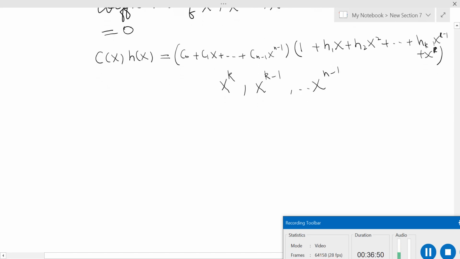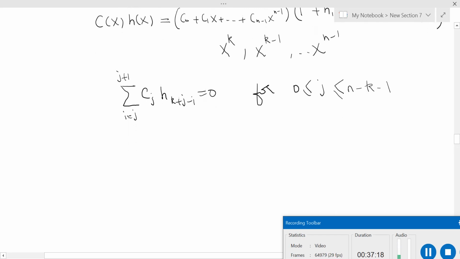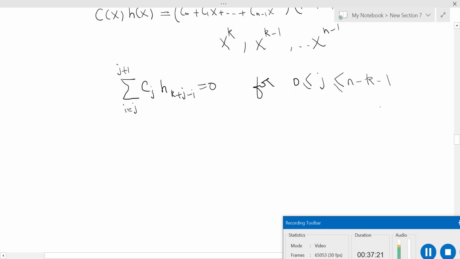You will obtain this type of equation: the sum over i from j to j plus k of c i h k plus j minus i equals 0. This is a small assignment for you: just verify that it comes like this, for 0 less than or equal to j less than or equal to n minus k minus 1. This is basically the same as c h transpose equal to 0 in linear codes that we have done.